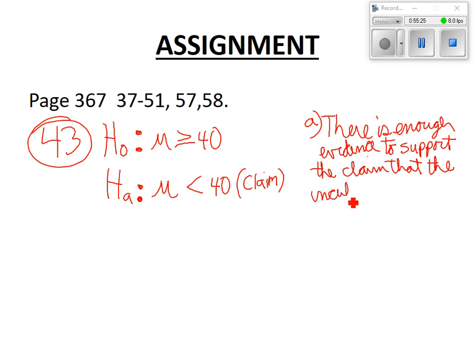The mean incubation period is less than 40 days.